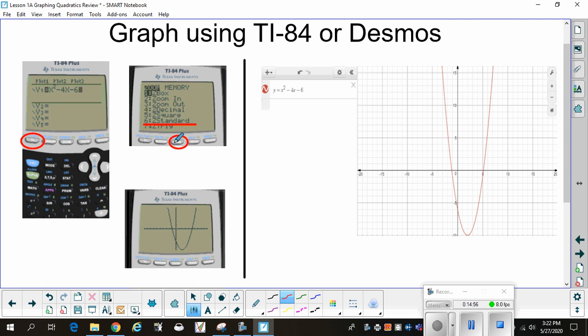You simply press zoom and select 6, bring the cursor down here, and you'll get this graph. On Desmos, you simply type in y equals x squared minus 4x minus 6, and it, boom, just gives it to you. And then you can readjust your scale here, your axis, as you need to.